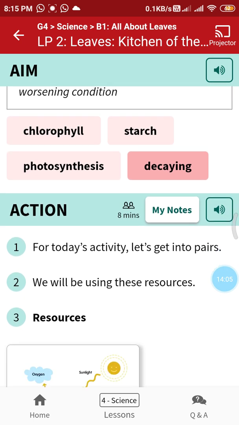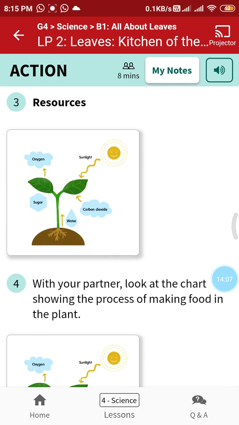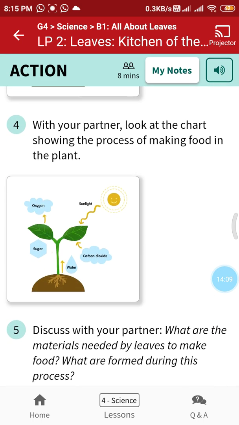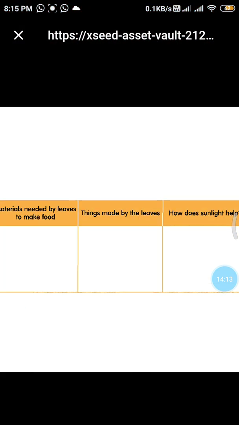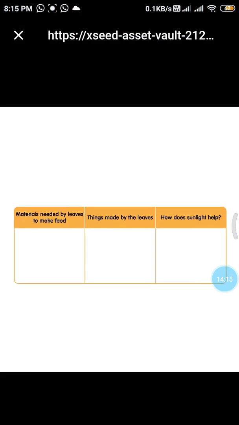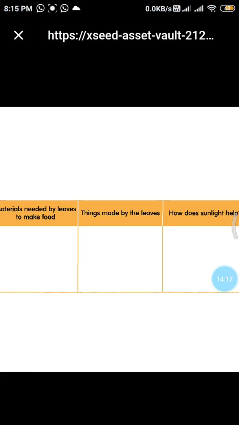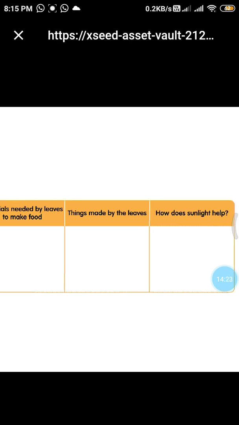So understood children? About the photosynthesis, this block explained to you, and here this is the activity. You copy this tabular column in your notebook and write what are the materials needed for photosynthesis and what is finally prepared by photosynthesis in the leaves.